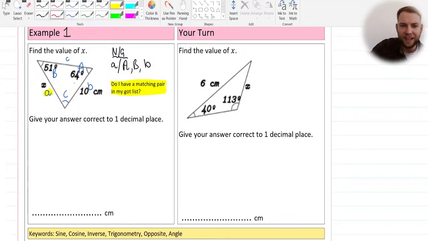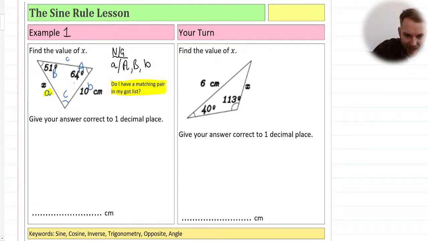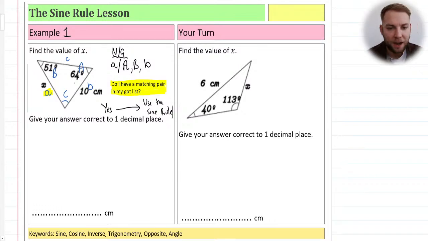And if the answer to that is yes, then we use the sine rule. Do I have a matching pair in my got list? Yes, so I use the sine rule.